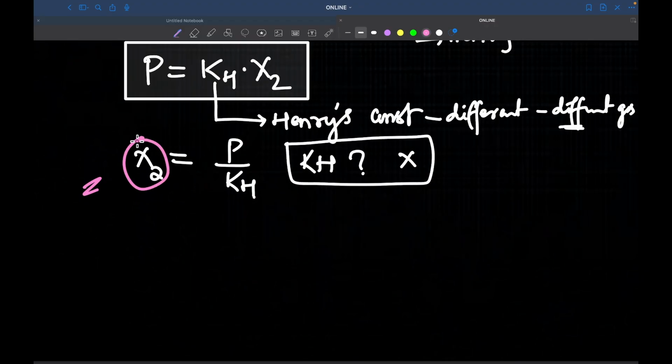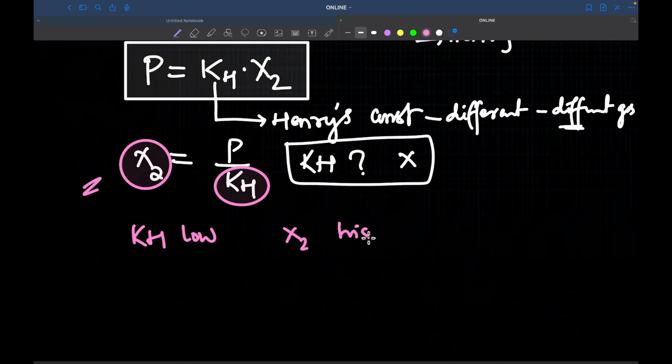So X2 and KH are inversely proportional to each other, right? What is the meaning here? अगर KH मेरा लो है, X2 कैसे होगा? हाई होगा. X2 is nothing but solubility. The amount of gas dissolved in liquid is the solubility.